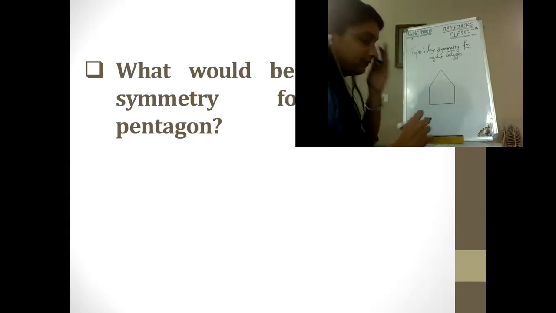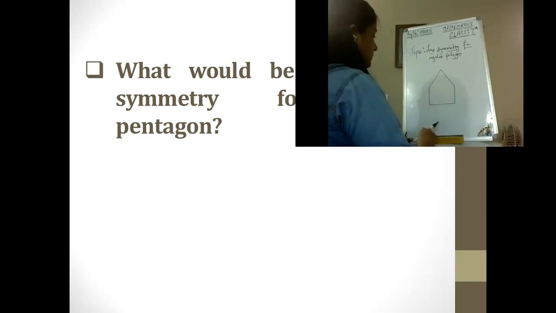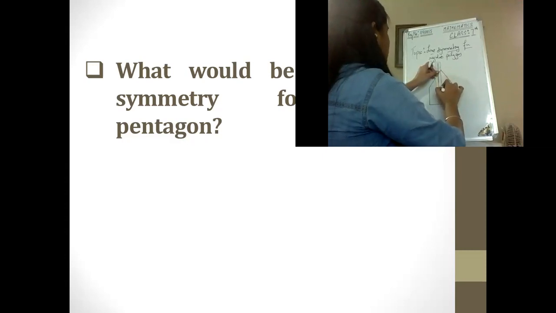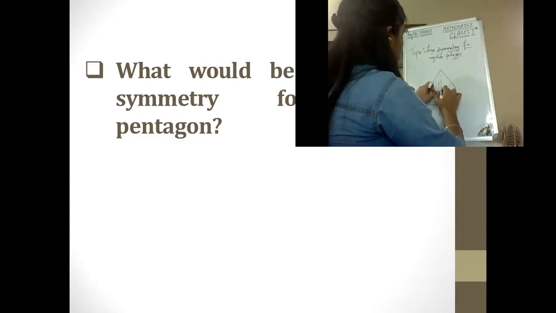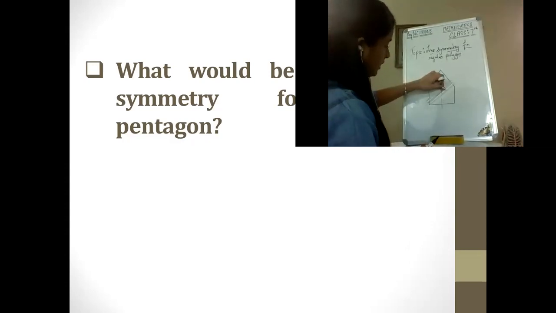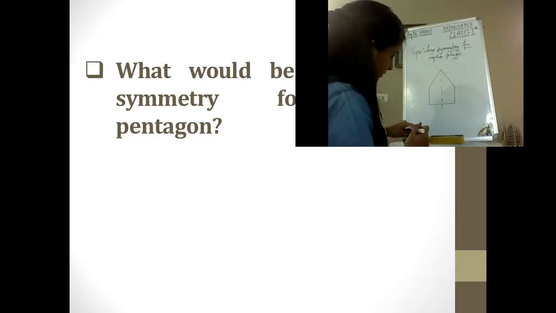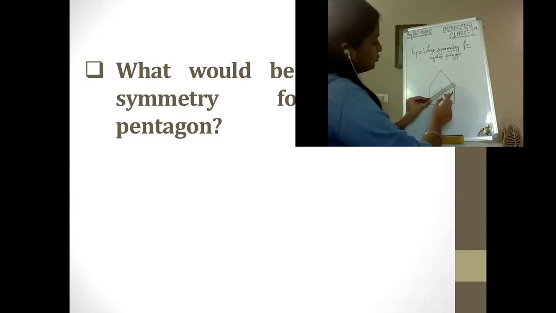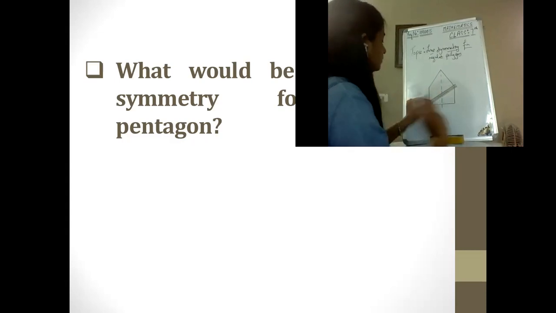So if we can draw a line of symmetry in between it, okay, this is one line of symmetry. Now let us try. If we are drawing from here, is this portion equal to the above one? No. So we can't draw a line of symmetry here because this area is not equal to this one.